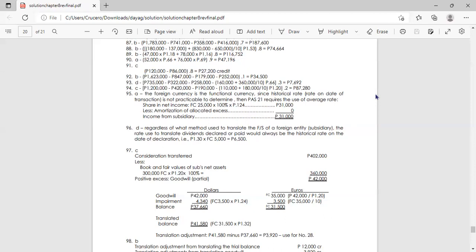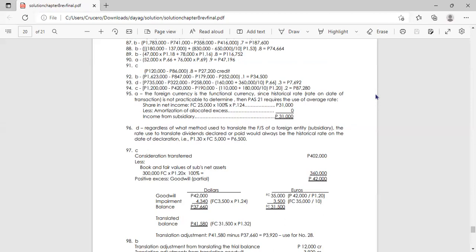So for number 90, we now have 52,000 times 0.66 and we add 76,000 times 0.69. The ownership rate is 90%. So actually it's similar to number 89. Then we go to number 91.